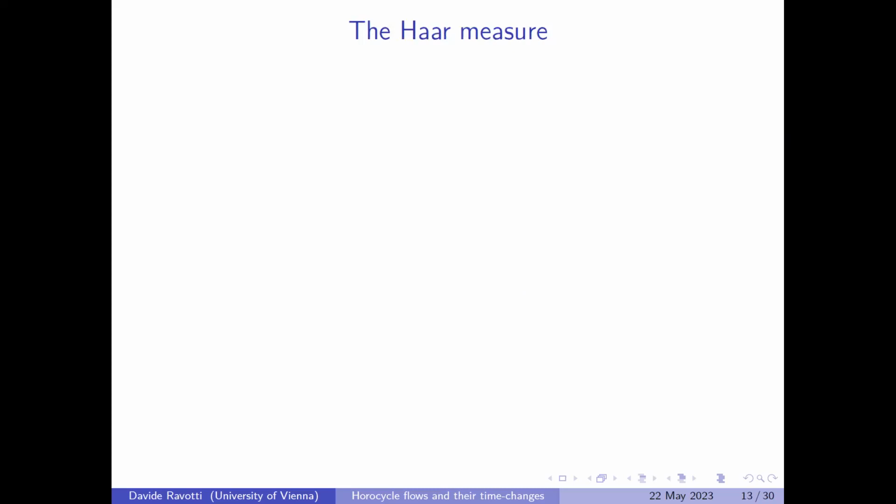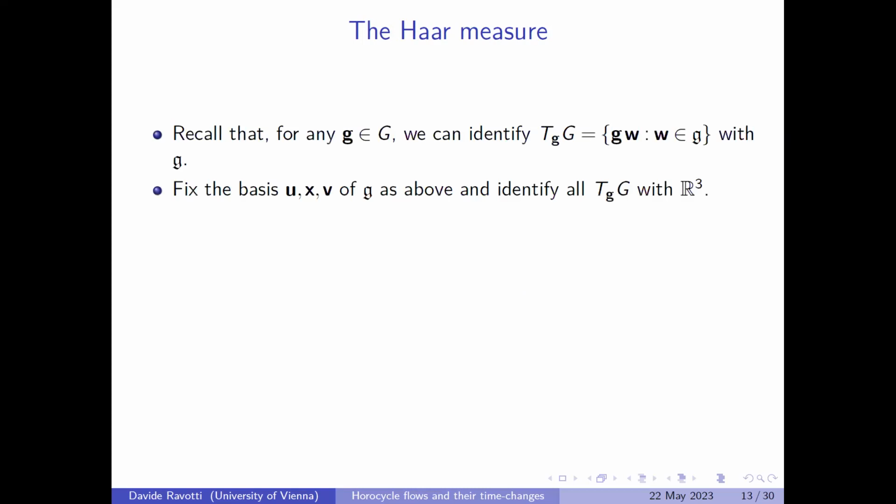Okay, so we have our space, we have our dynamics of this homogeneous flow. Now we want to measure. So I want to briefly tell you what our measure is and how it's constructed. Recall that for every point in G, we can identify the tangent space at G with the tangent space at the identity.